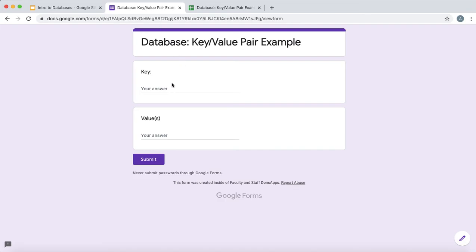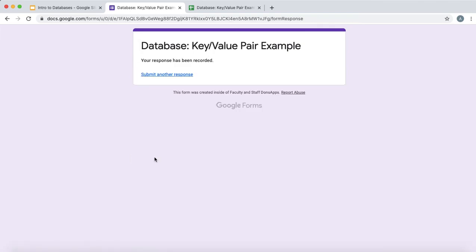I'm going to call this key usernames, and the values I'll put toward it are a bunch of generic names: Andrew and Allison and Scott and Lisa and Neil and Tina. These are all the values that I want to store in a database, and I'm storing them on the basis of a key value pair. I'm going to submit this information, and that's my entry point here.